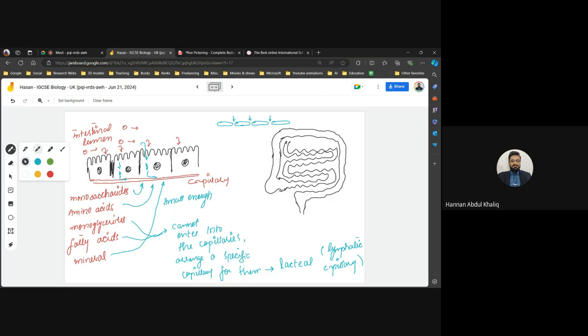Now you know that above the intestine you have the stomach. And above the stomach, what organ is present? Is it the liver? Yes, it's the liver.